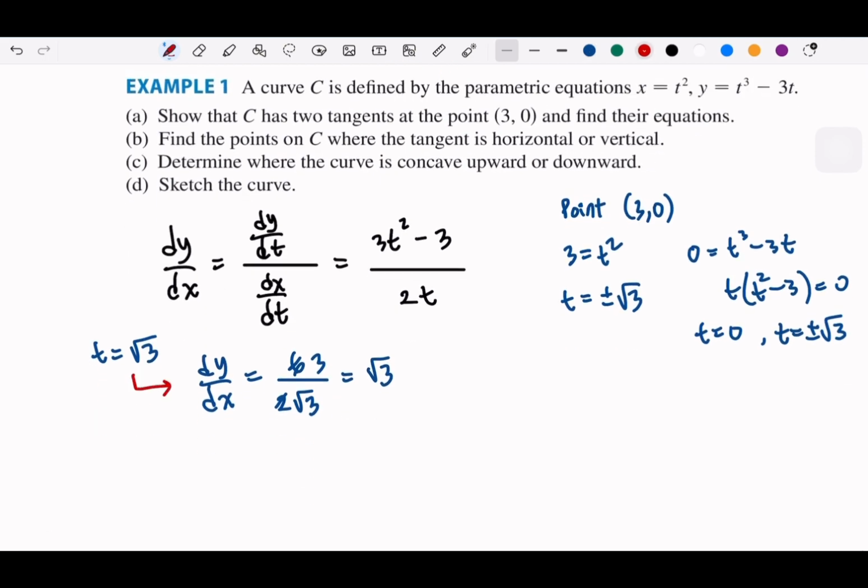This is the first one. And then when t is negative square root of 3, dy/dx becomes the same. This will be 6, but now it has a negative. So this will be negative square root of 3. Okay?